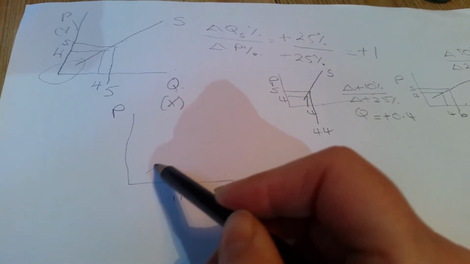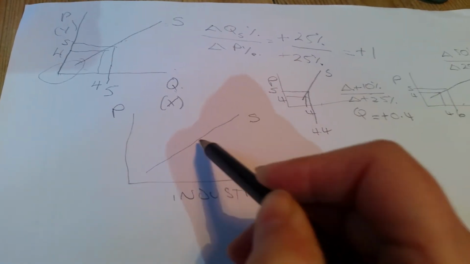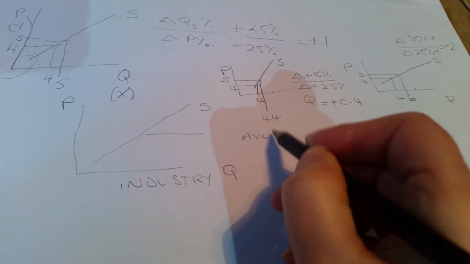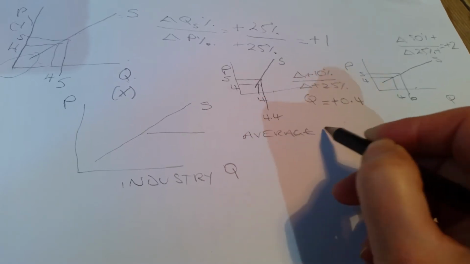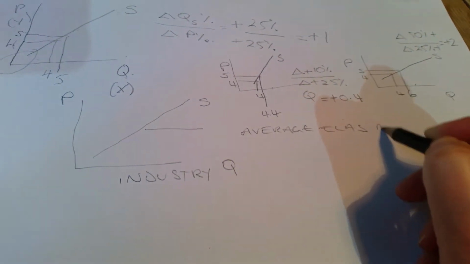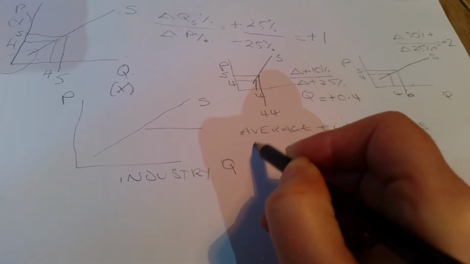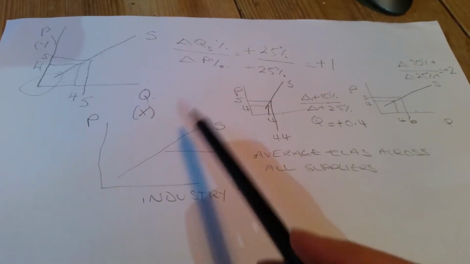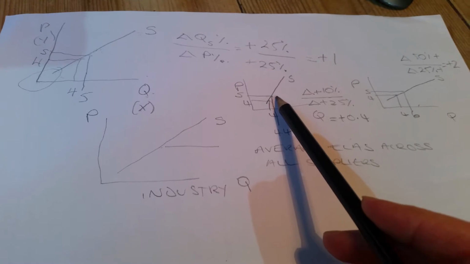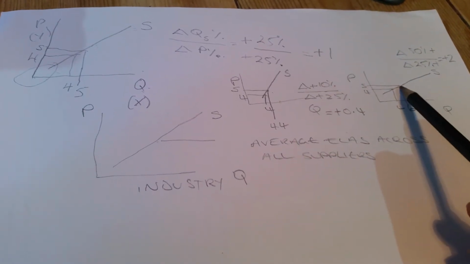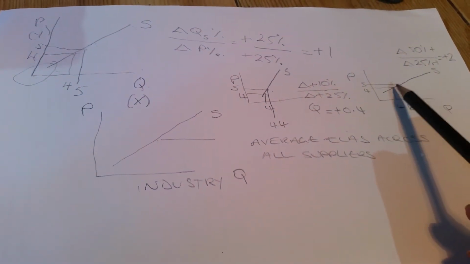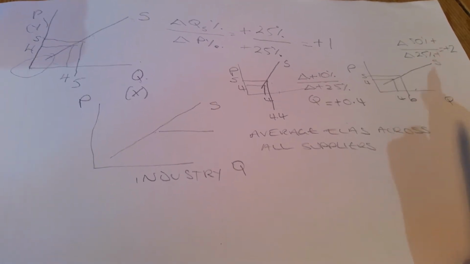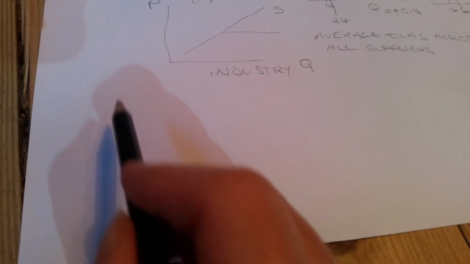And we'd end up with an elasticity which is just the average across all of the suppliers of this particular good or service. So in this case, sandwiches. So you can see it looks a bit more like this one. It's more responsive than the very inelastic supply, and it's less elastic, less responsive than our very elastic supply of sandwiches.